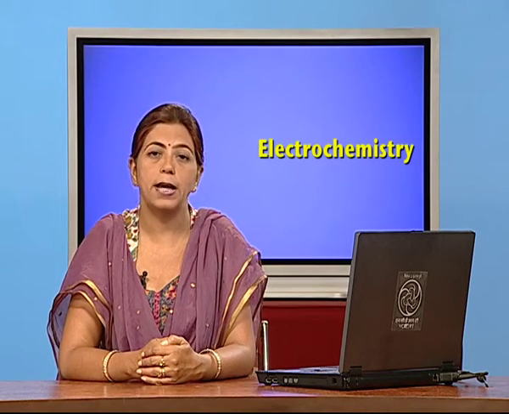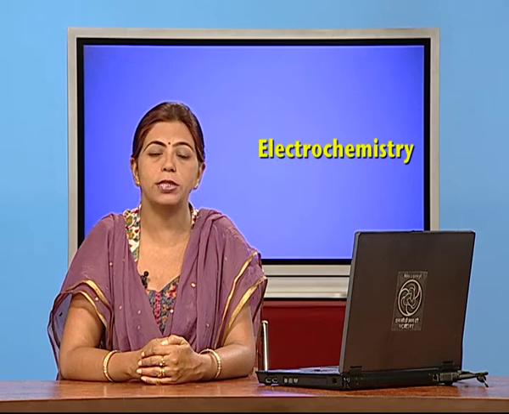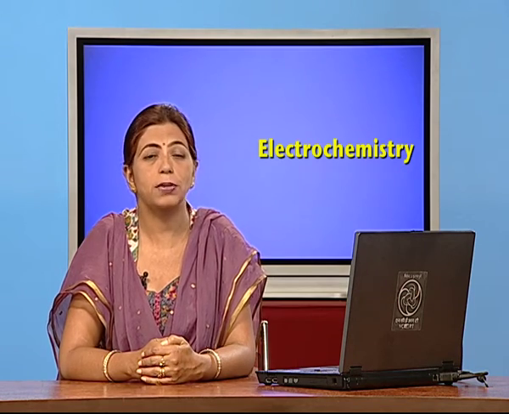And in the other half cell, when the copper ions accept the electrons and deposit as the copper metal atom, there is accumulation of sulfate ions which have negative charge around the copper electrode. The accumulation of the positive charge around the zinc electrode and accumulation of negative charge around copper electrode stops the reaction. So, if we want that our cell works continuously, we have to use something else.